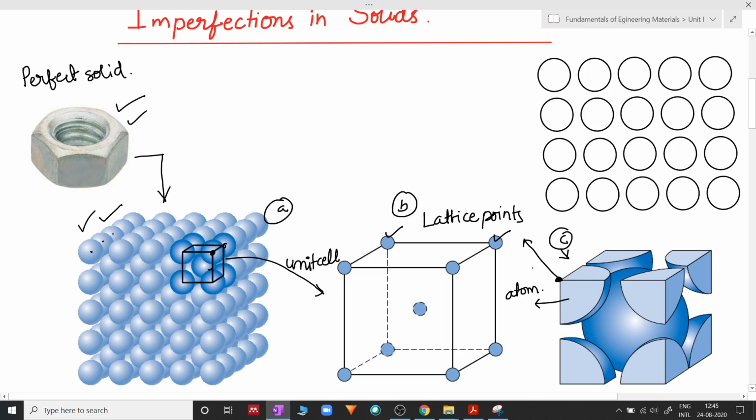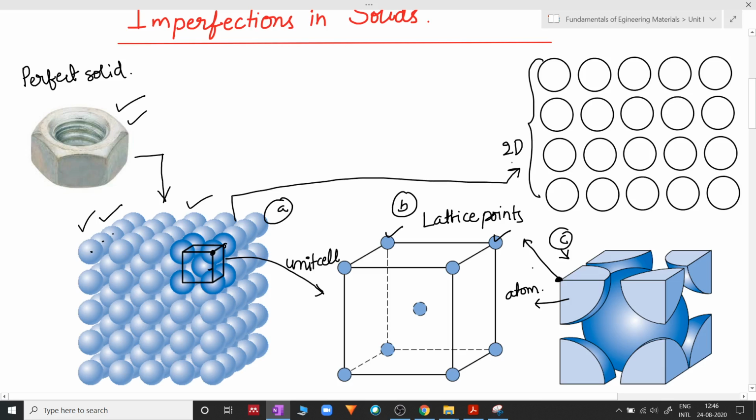This kind of arrangement of atoms is called a perfect solid. I can also represent this arrangement of atoms in 2D. This is the 2D representation of this perfect solid.